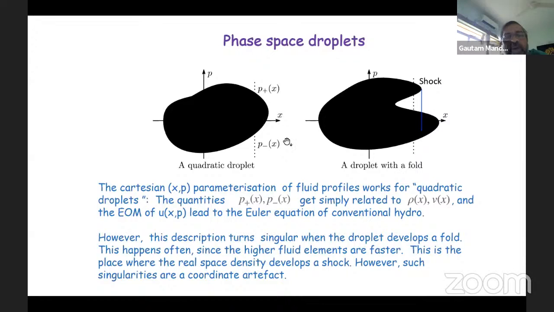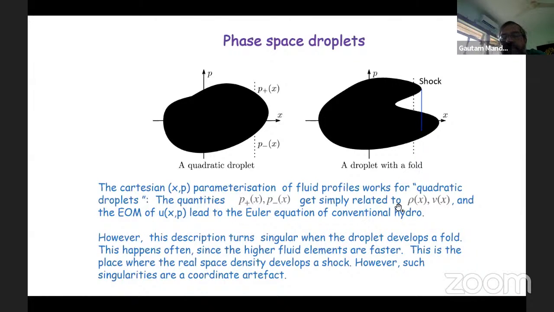So this is called a quadratic droplet, in which you have just two roots, P minus and P plus.